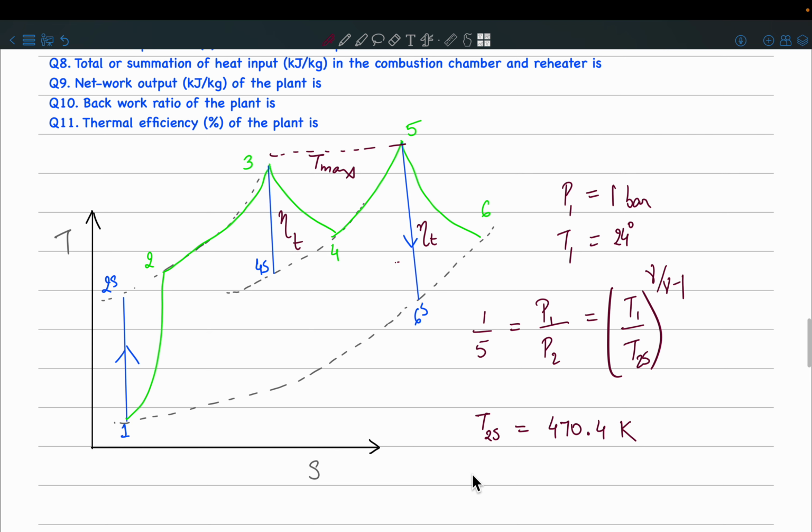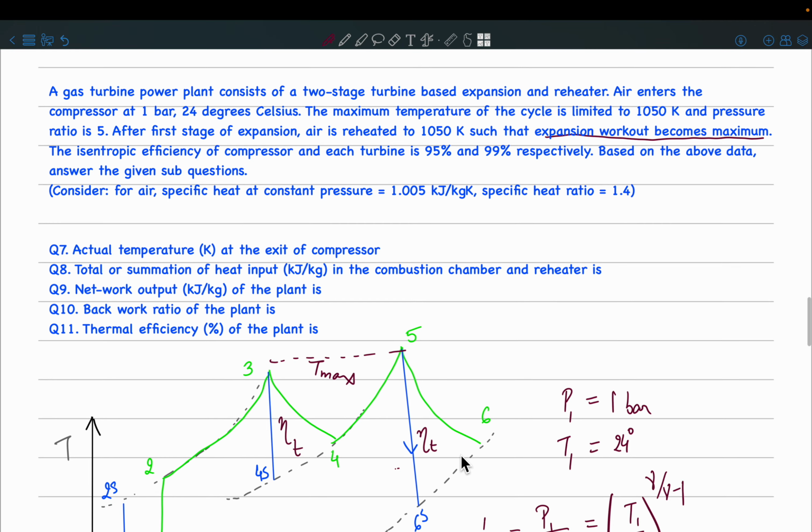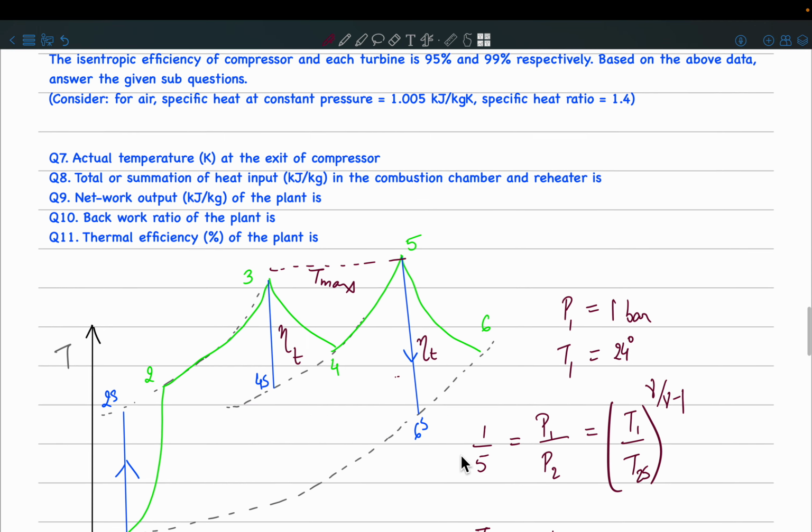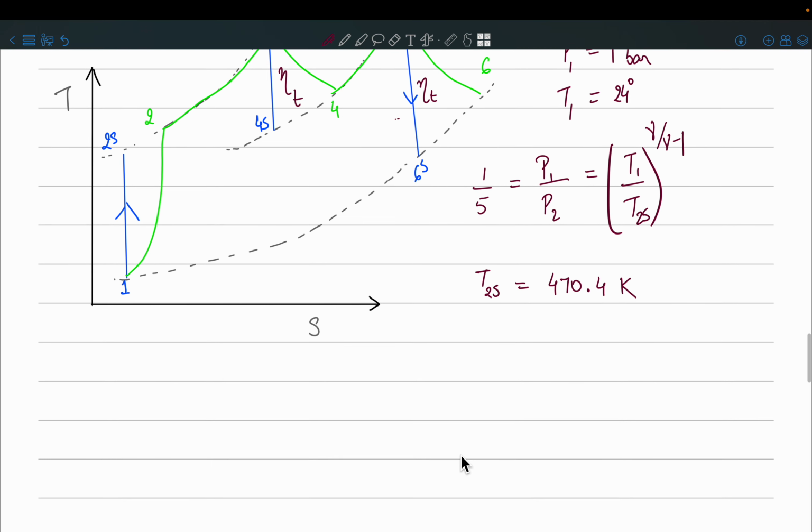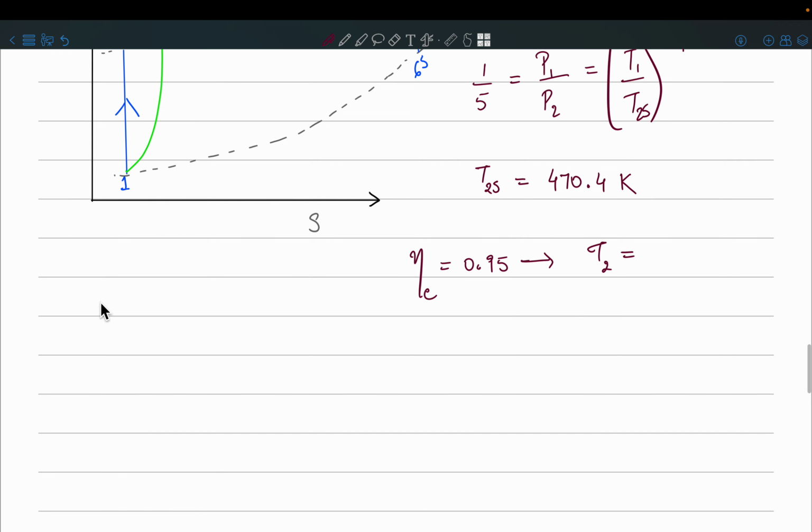Okay, and then you are also given the isentropic efficiency of the compressor, which is 95%. So now apply the definition of isentropic efficiency of compressor, and from here you can find T2, right? So this definition I have told several times. I hope this time I don't have to tell the definition.